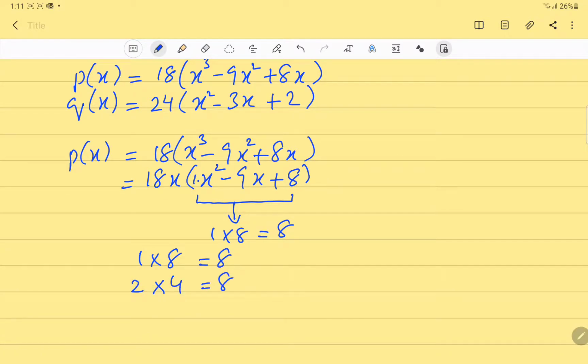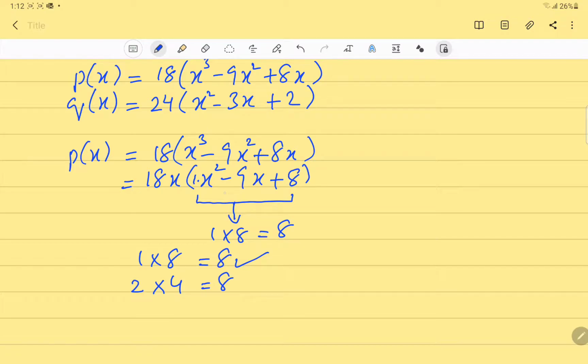So these are the two possible pairs of factors. Now we have to choose one out of these, which will give us 9 if we add those two factors or if we subtract those two factors. So obviously it is the first one, because if we add 8 and 1, it is giving us 9.